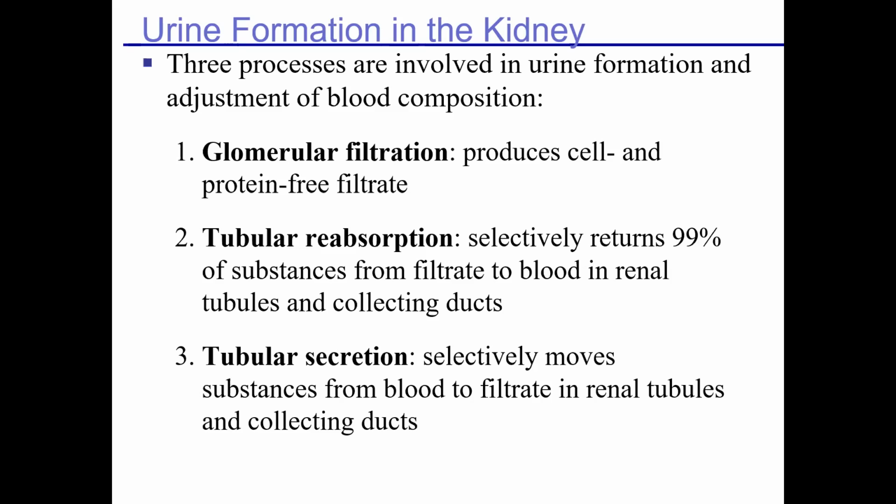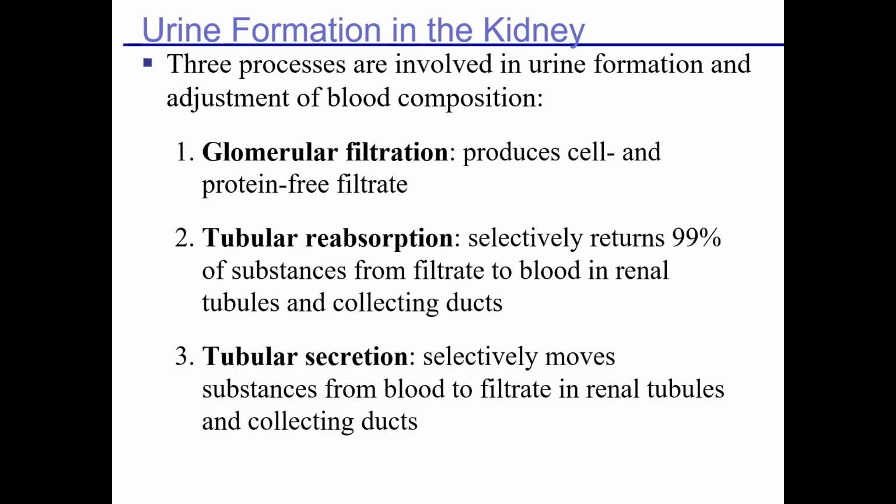What antidiuretic hormone does for us is simply make the collecting duct permeable to water. It increases the presence of aquaporins, those passive channels. That's essentially what it does to allow water to come in. So tubular reabsorption gets us 99% of the stuff in the filtrate back.